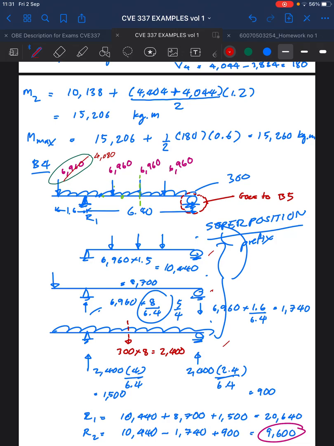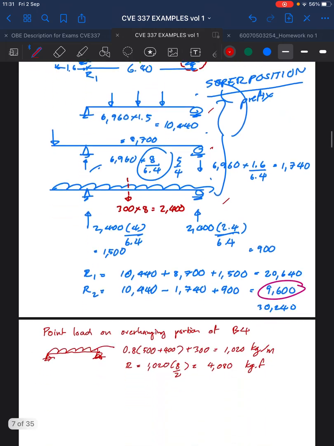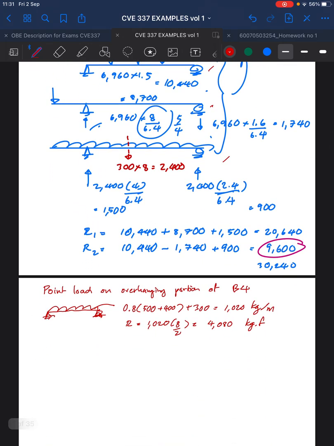So that reaction will just become, hang on, I don't want to write it over here, it might confuse you, so I'll leave it on top like that, and I will calculate just this portion of my superposition.